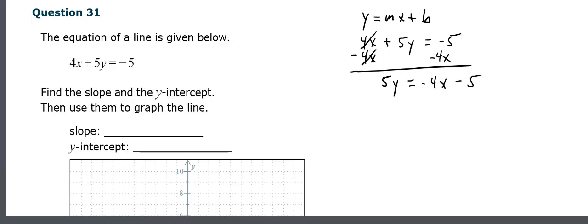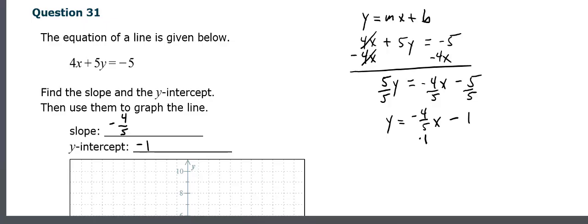And then divide by the coefficient, because we're solving for 1y. And -5 over +5 gives us a -1. So our slope would be -4/5, and our y-intercept would be -1.